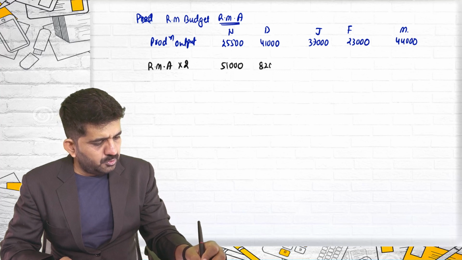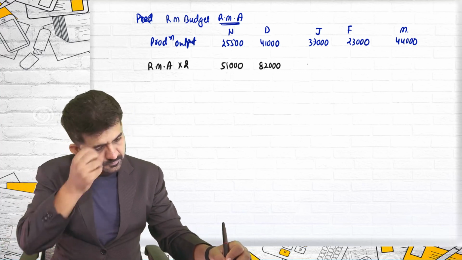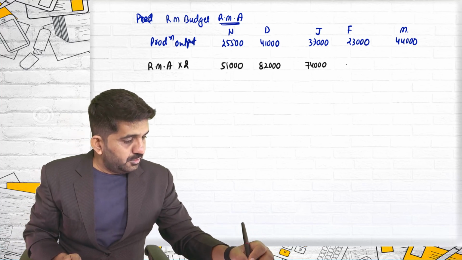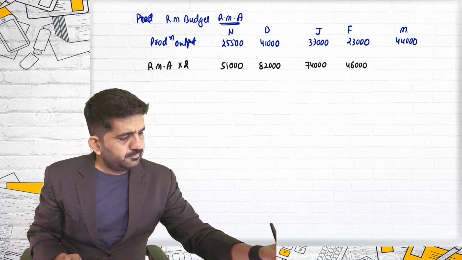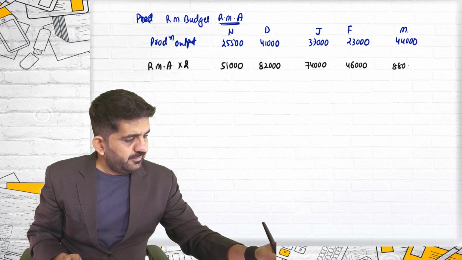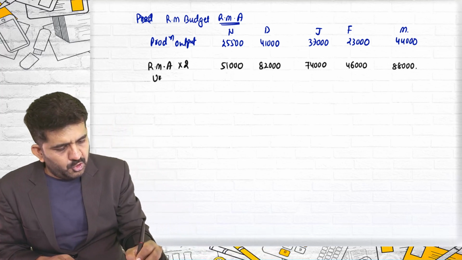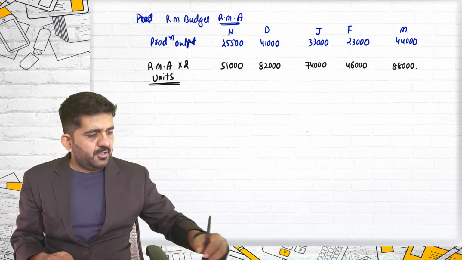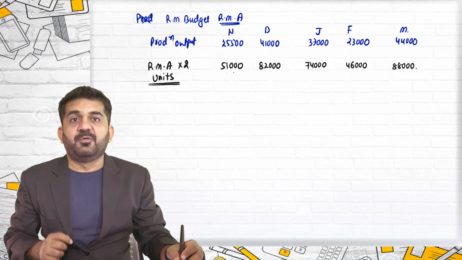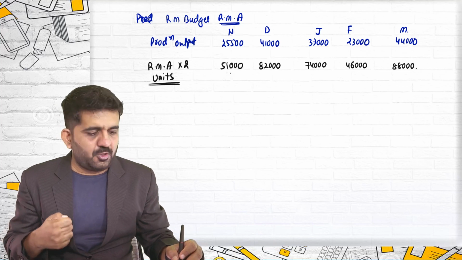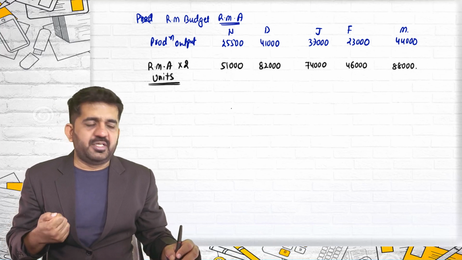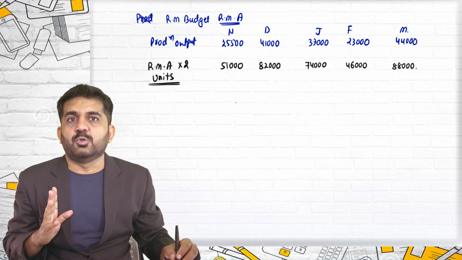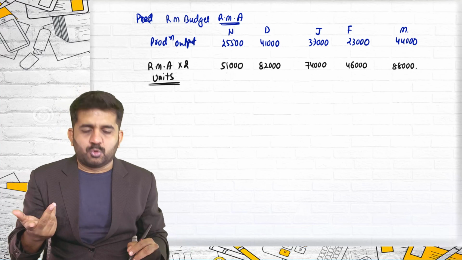This is 82,000, 74,000, 46,000 and 88,000. So 51,000 units of A will be required in November, 82,000 in December, 74,000 in Jan, 46,000 in Feb and 88,000 in March. Now no need to total it out.